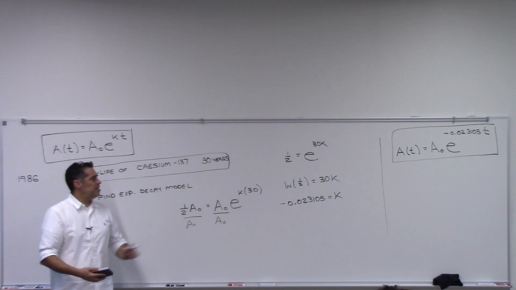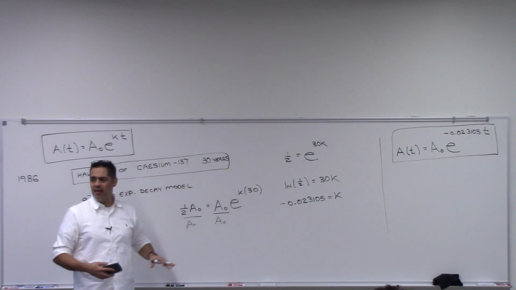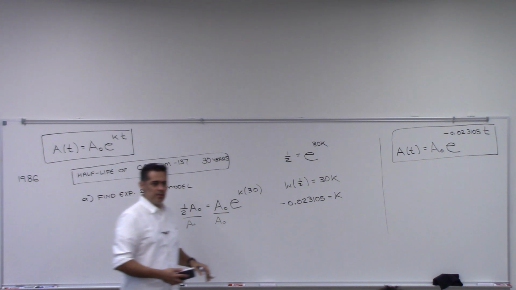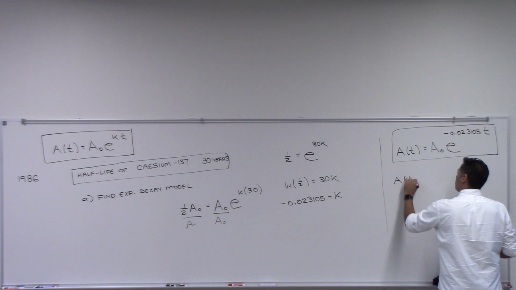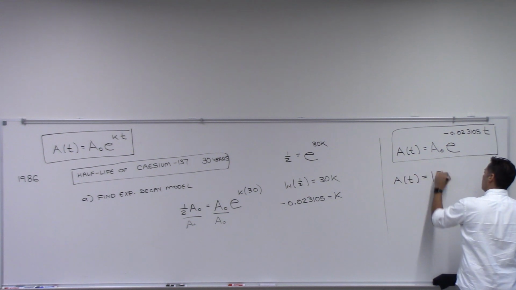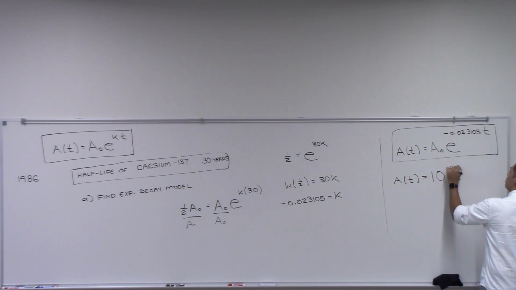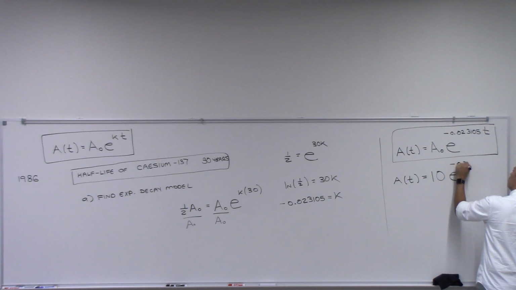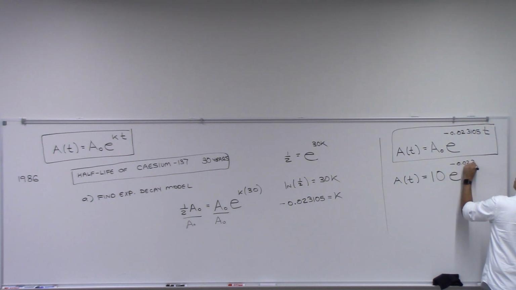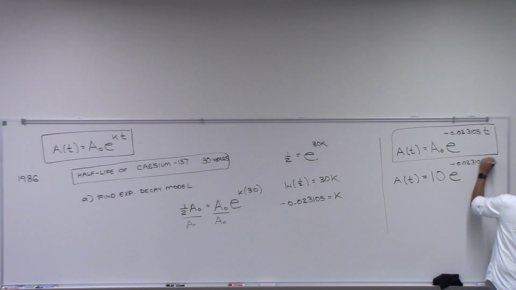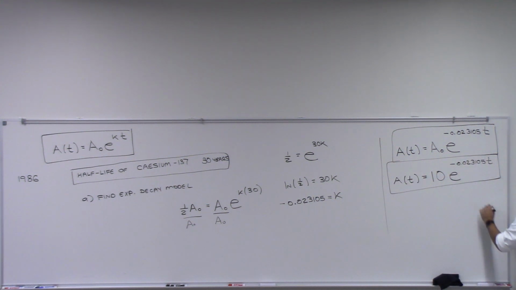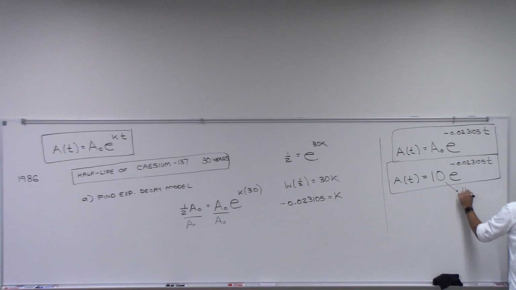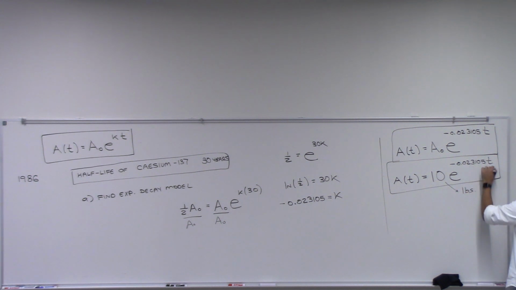So let's say the initial amount was 10 pounds. So the amount after a certain time should be 10, that's the 10 pounds, e to the negative 0.023105t. Now we have a new formula because the original amount was 10. This is pounds, and our time here is measured in years.